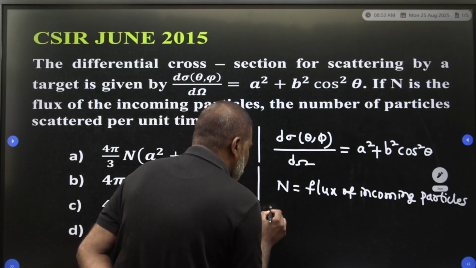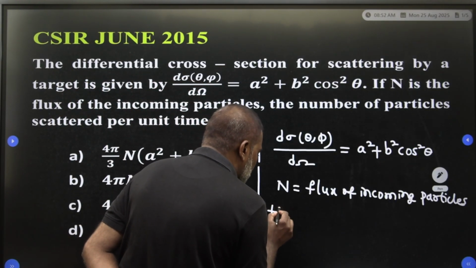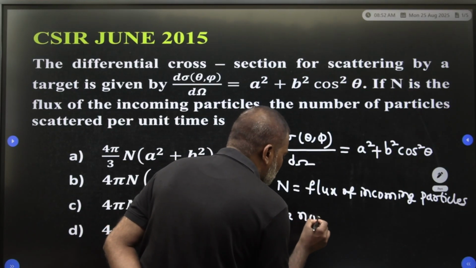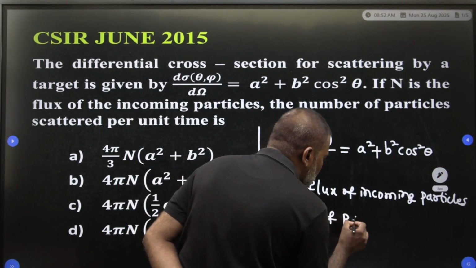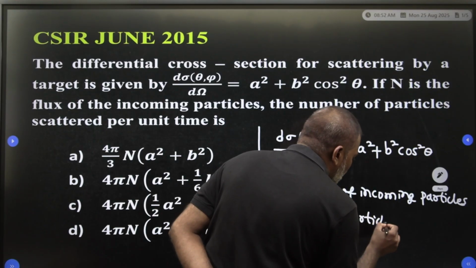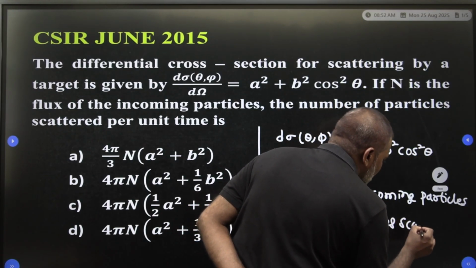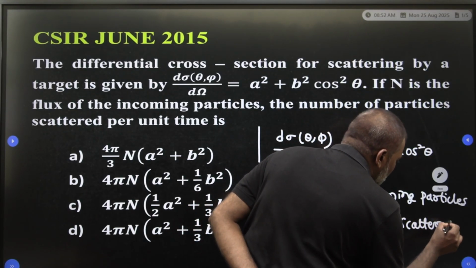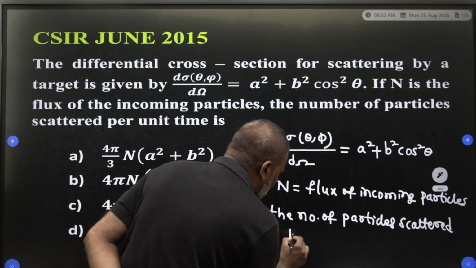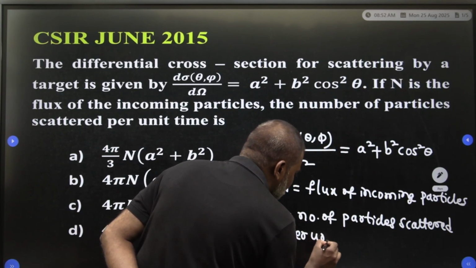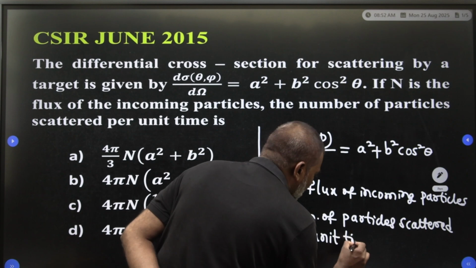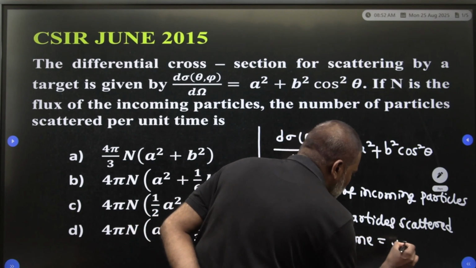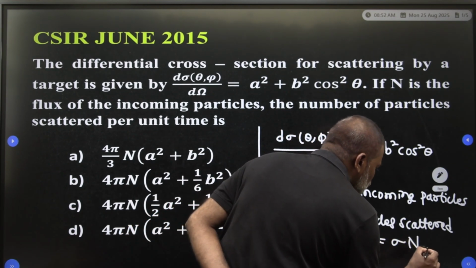Therefore, the number of particles scattered per unit time is equal to sigma into n.